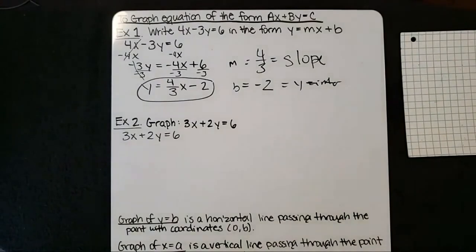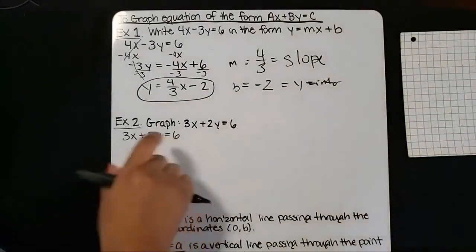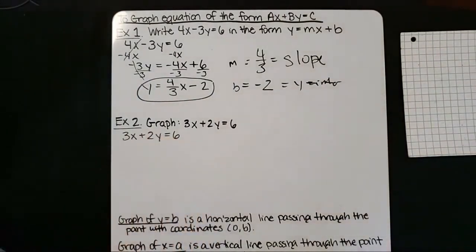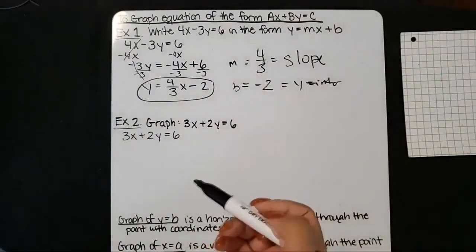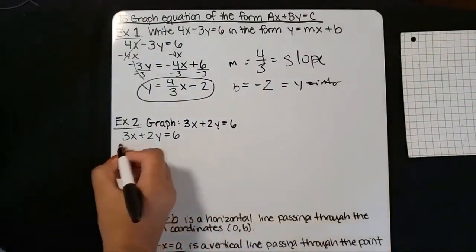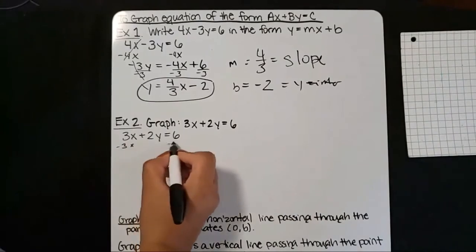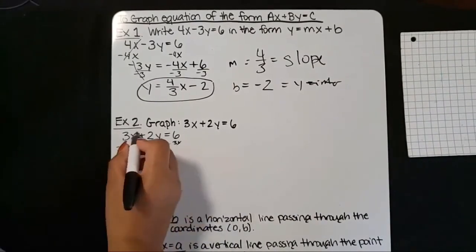Okay, so for example 2, we're asked to graph 3x plus 2y equals 6. All right, so to do what we have previously been doing with the 3 points, we can basically just solve it for y, which is the same thing as getting it in that slope-intercept form. So we're going to subtract 3x on both sides.